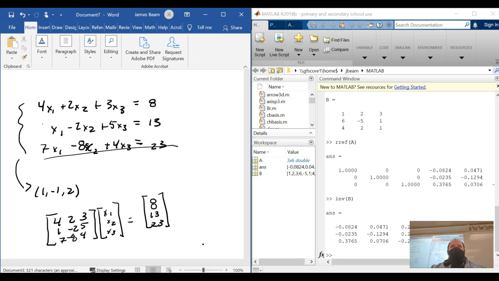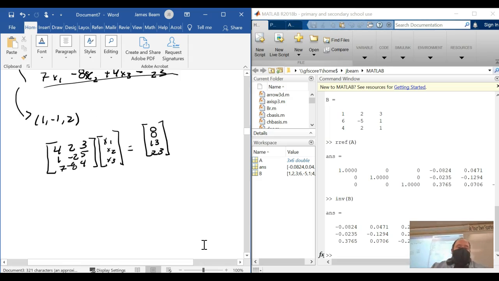See what I'm doing there? Making sense? Okay. This is the A matrix. This is my x vector. This is B, right? So if A times x is equal to B, if I multiply both sides by A inverse, then x should be A inverse B.